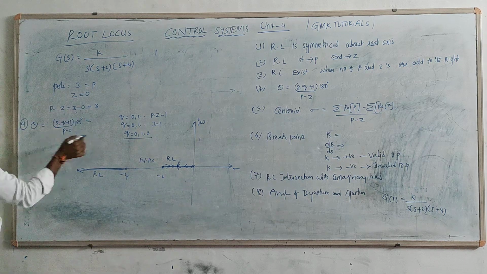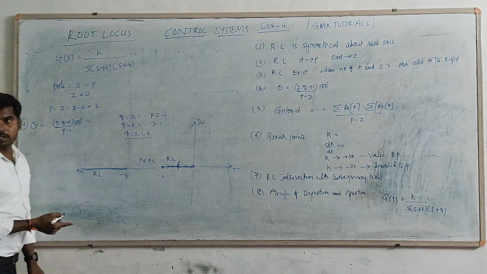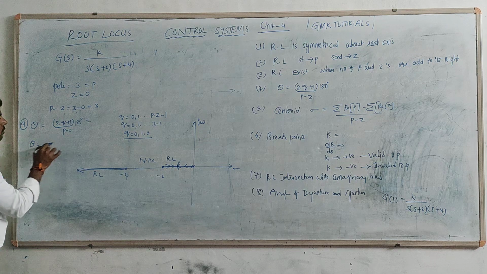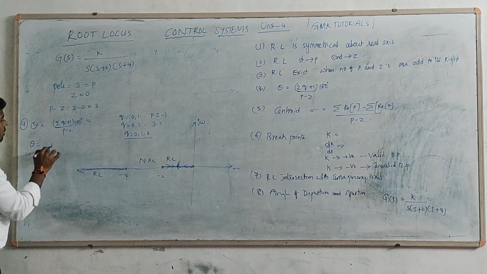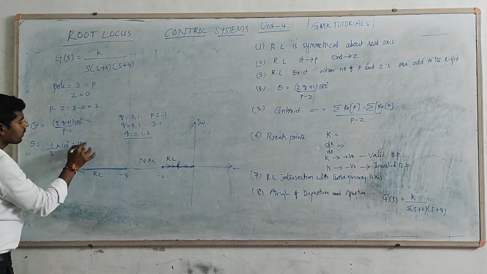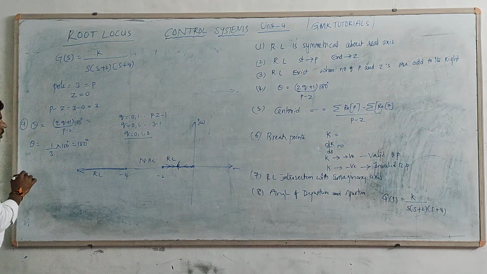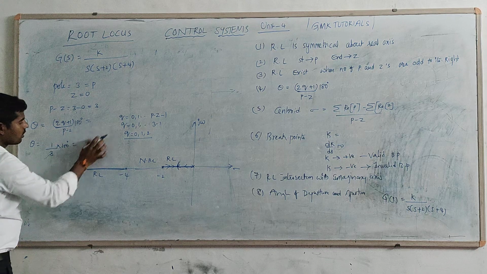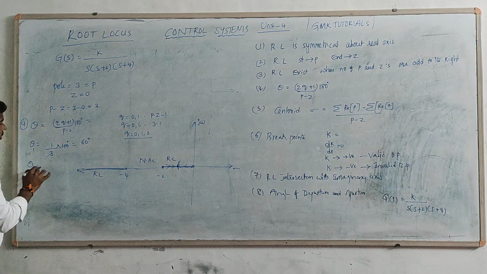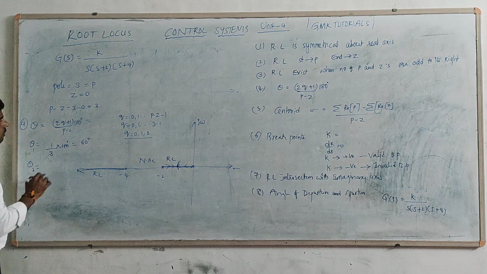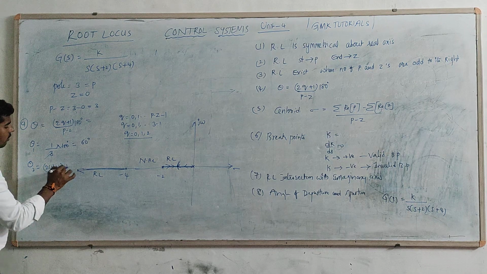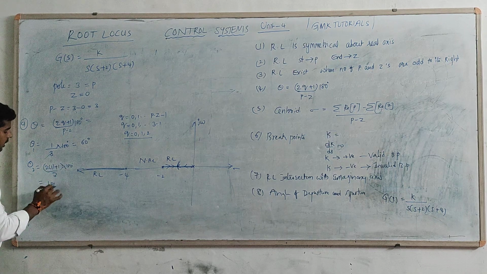Initially you have to substitute q is equal to 0, 1, 2 in turn. For q is equal to 0, theta is equal to 1 divided by 3 into 180 degrees. Therefore you will get 60 degrees. At the same time for theta 2, for q is equal to 1, 2 into 1 plus 1 divided by 3 into 180, you will get 180 degrees.